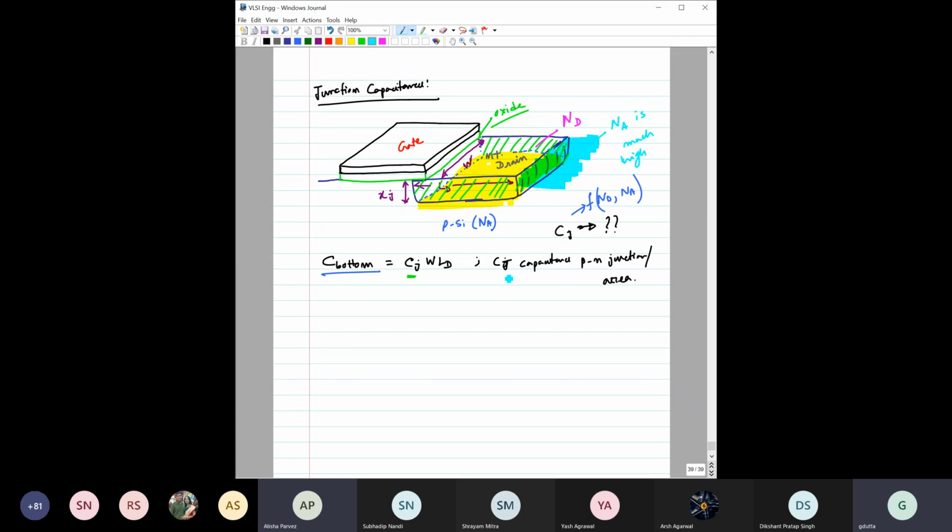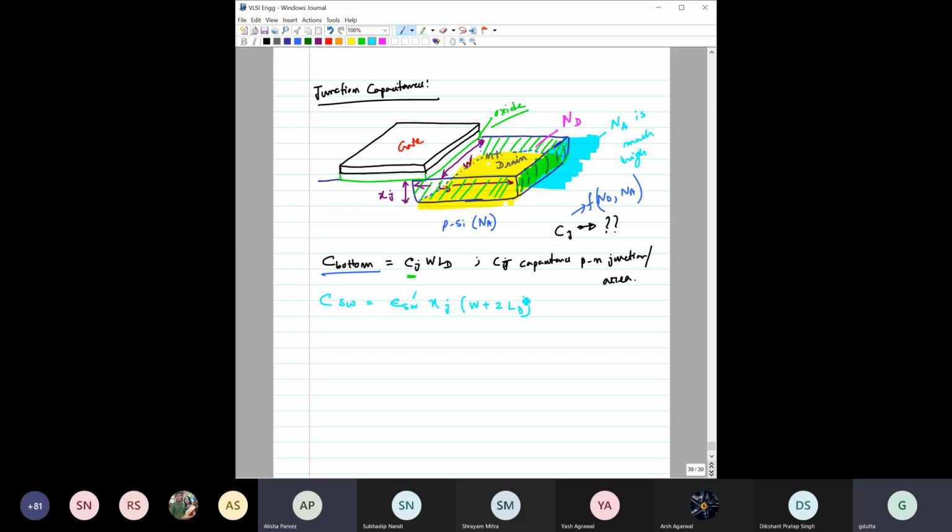Okay. And you can see here this is the component Xj, right? And so it depends on this junction depth. Okay. So the sidewall capacitance, SW, is denoted as C of sidewall per unit area into xj into W plus 2LD.